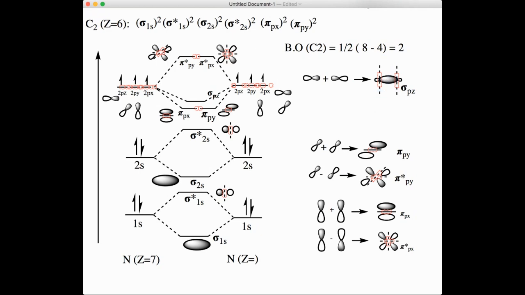Okay? And then, guys, we have the sigma antibonding up here. Sigma antibonding up there. So that could be something we need to take care of too. Sigma antibonding.